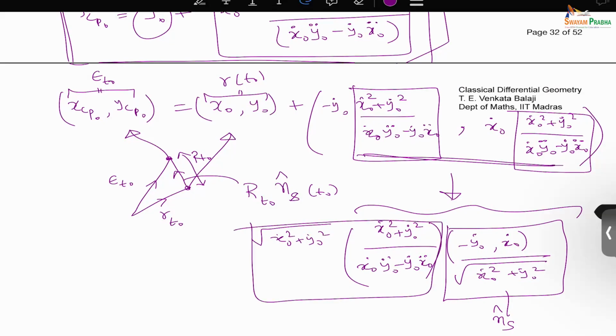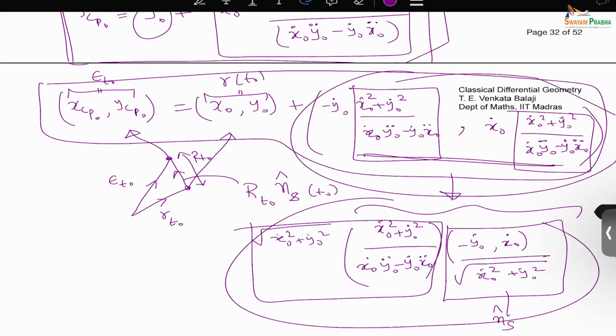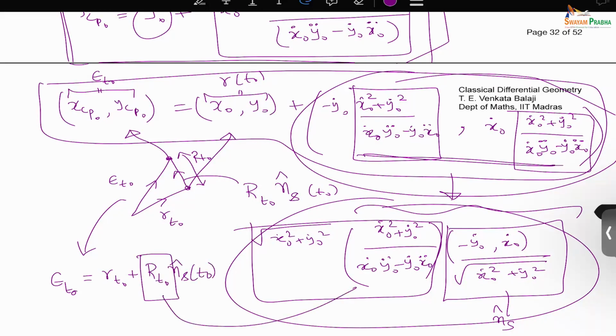So now you see, you compare this equation, with this term replaced by this, with the equation you get here by triangle addition, which is epsilon T naught is equal to gamma T naught plus R T naught into ns hat of T naught, and you will see immediately this radius of curvature is exactly this term.